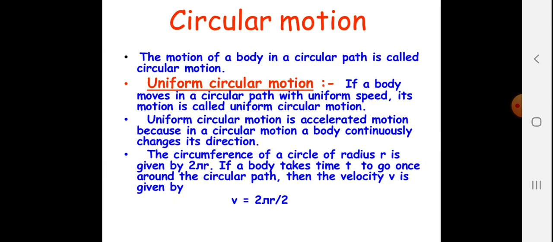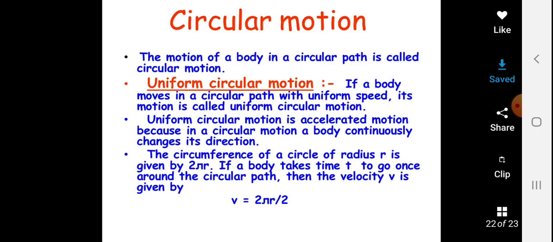Now let's talk about circular motion. The motion of a body in a circular path is called circular motion. If a body moves in a circular path with uniform speed, its motion is called uniform circular motion. Uniform circular motion is accelerated motion because in circular motion, a body continuously changes its direction.